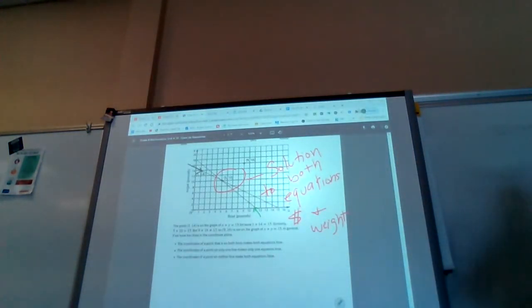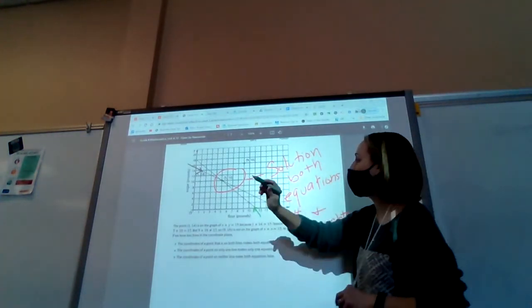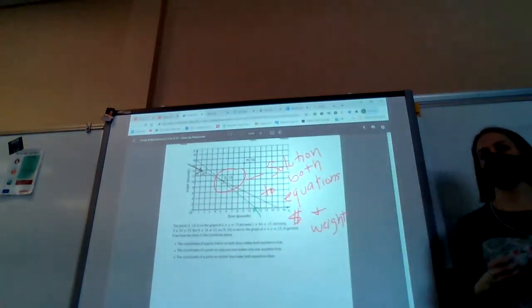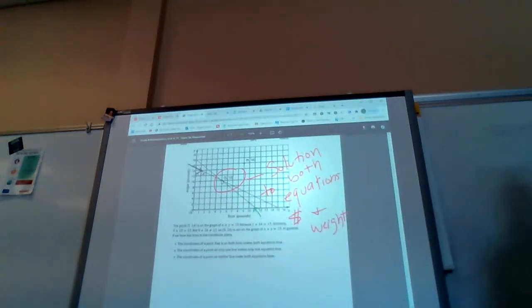There's only one combination that adds up to $9 and adds up to 15 pounds, and that's that one right there. 5 and 10. And then if you go from 0, 0 to 5, 10, it goes through one of them.